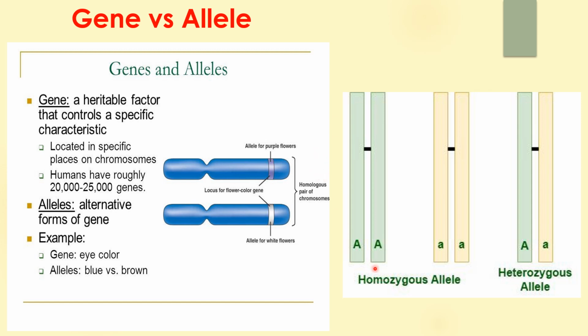Now, alleles may be homozygous or heterozygous. Say this is the homozygous allele from one person, the first person. This is the homozygous allele from the second person, and this is the heterozygous allele from the third person. So from the first person, the homozygous allele is capital A and capital A. You can see it is identical.